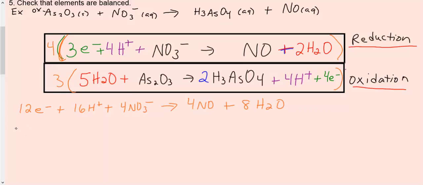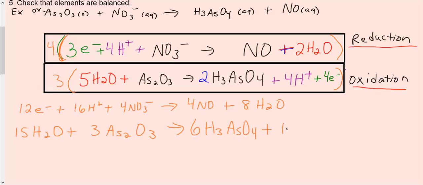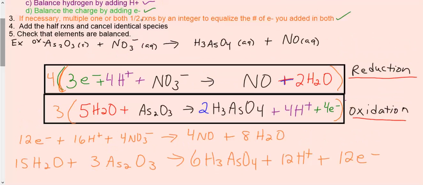That will give us 15 H2O plus 3 As2O3 yields 6 H3AsO4 plus 12 H plus 12 e. That takes care of that step.